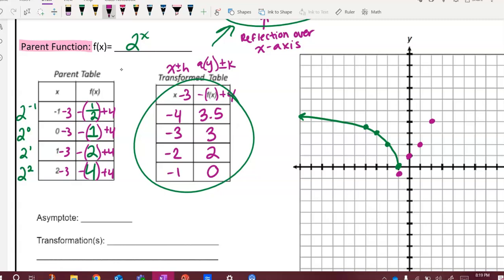Why are these so perfect? Oh, okay. Let's see what I did. Not negative. I was looking at that negative in front. It's still positive 1/2. There we go.